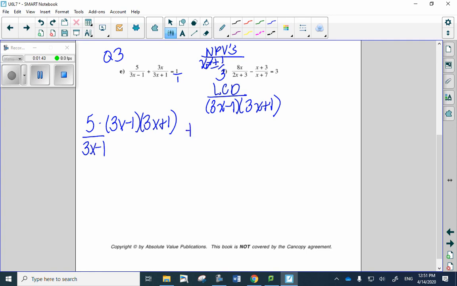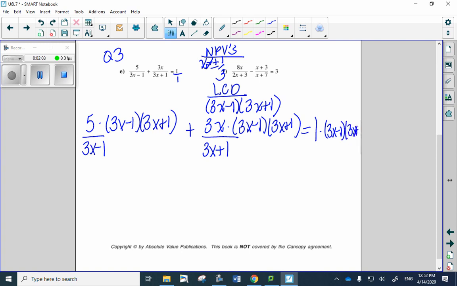Okay, plus this is going to be 3x times, I'm multiplying 3x minus 1 times 3x plus 1. And this was divided by 3x plus 1. Okay, and this is equal to 1 times, again, 3x minus 1 times 3x plus 1. And this was just divided by 1.